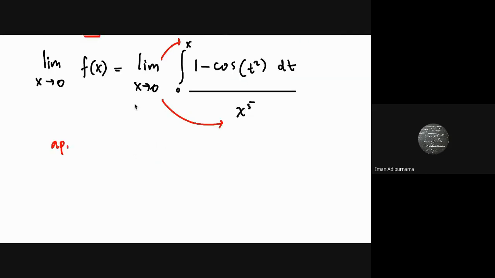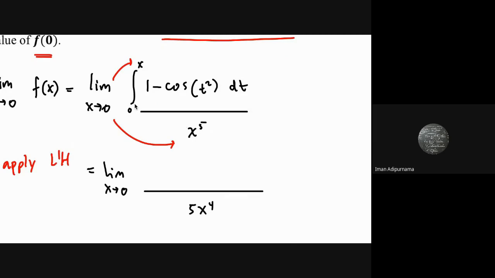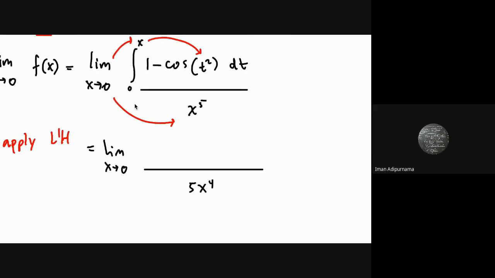So apply L'Hopital rule, that is, we can differentiate each component. This will be 5x with power of 4, and we can substitute x with t. So this will be 1 minus cosine x squared, like that.